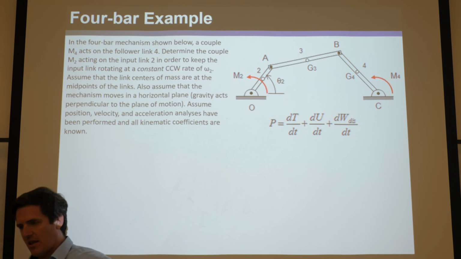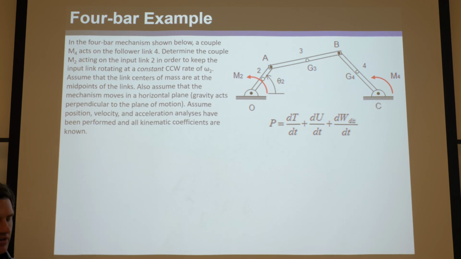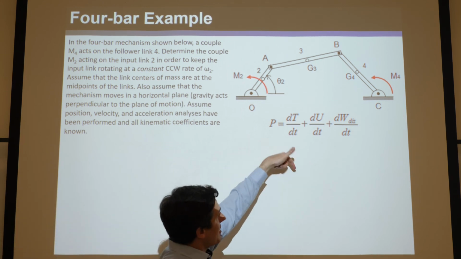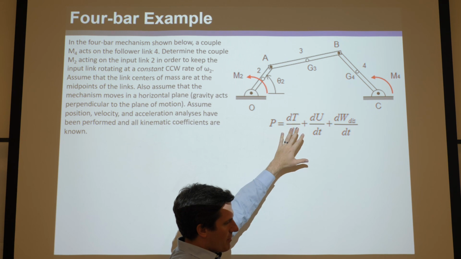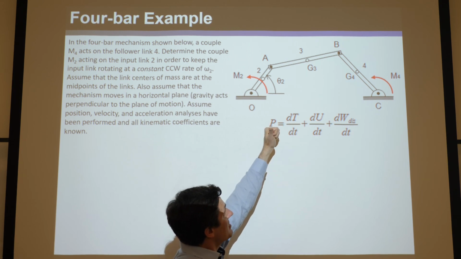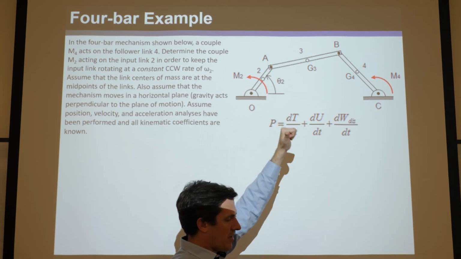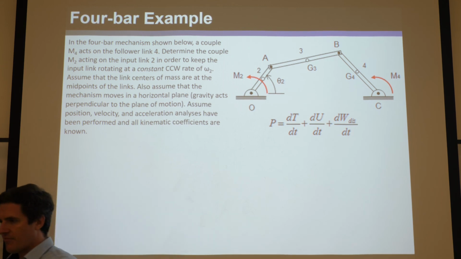The reason they say that is because, since it's a planar mechanism, nothing's going to lift up or down in the field of gravity. So the potential energy due to gravity is going to be 0, whereas it wouldn't be if gravity was acting down in this direction. So for this example, they're basically telling you gravity is coming out of the page at you, or into the page. It doesn't matter.